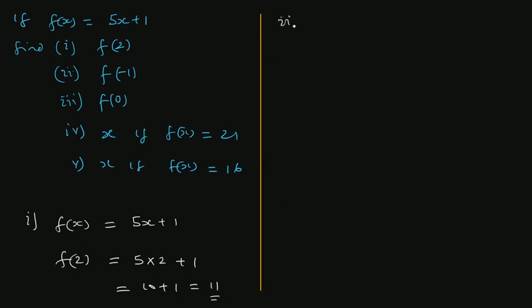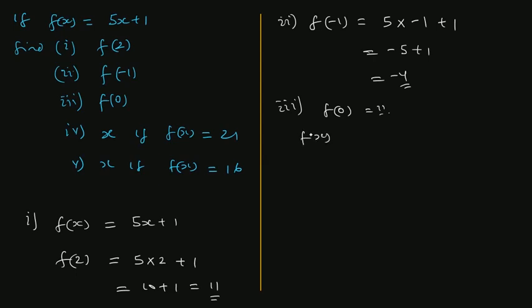Example 2, f(-1), we do the same. Our f(x) is this, so where there is x, we put negative 1. So 5 times negative 1 plus 1. This is negative 5 plus 1, giving you negative 4. Right, 3, f(0).